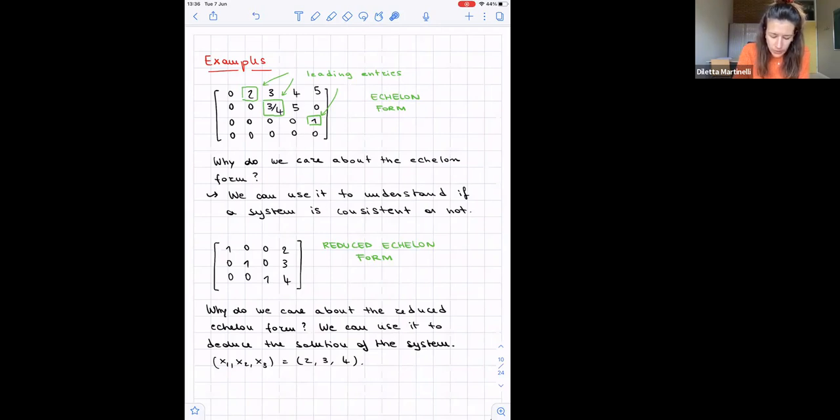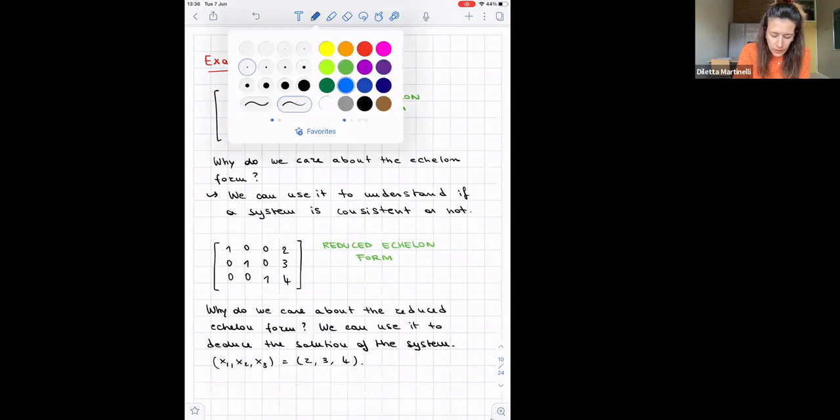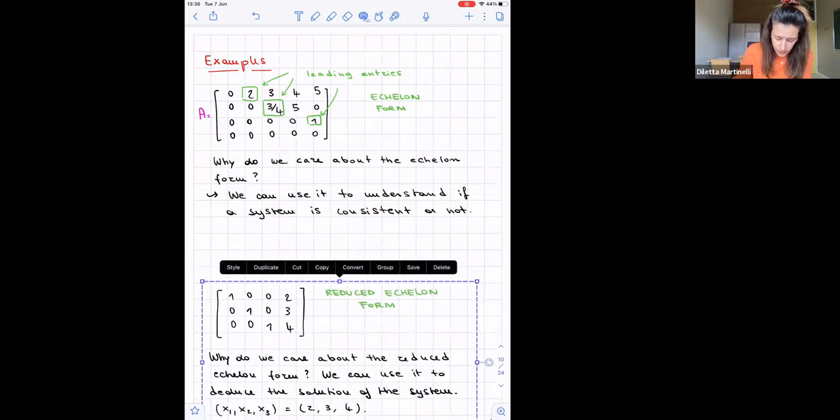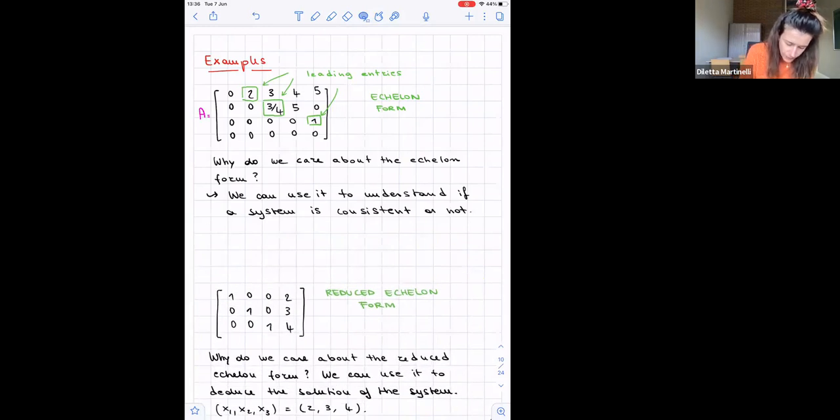So let's assume for a second that this matrix A is the augmented matrix of a linear system.